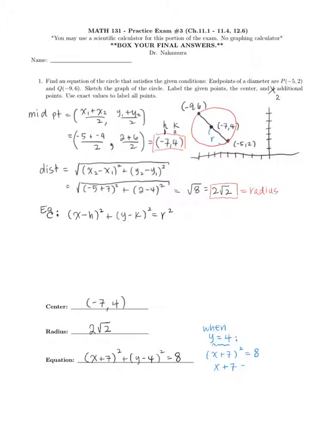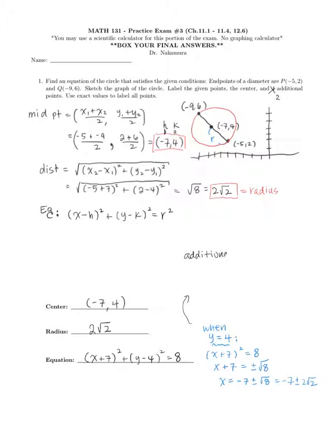Taking the square root on both sides, you're going to have plus or minus the square root of 8. So the x-coordinate is going to be negative 7 plus or minus the square root of 8. Yes, I know, the square root of 8 is 2 root 2, but if you want me to rewrite it, that's fine. So it's negative 7 plus or minus 2 root 2. So it looks like our additional points, let me just go over here.